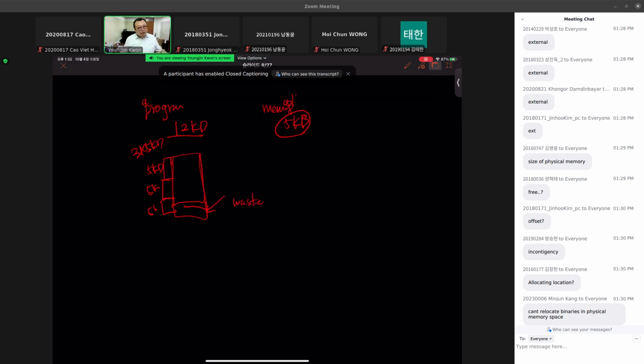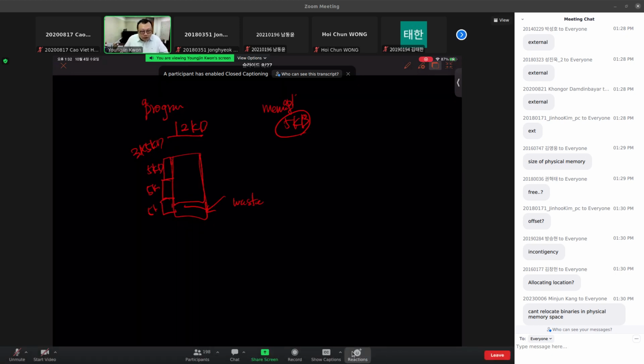In this case, does internal fragmentation still happen or not? What do you think? Click yes if you think this also has internal fragmentation. If you think it is not internal fragmentation, click no.